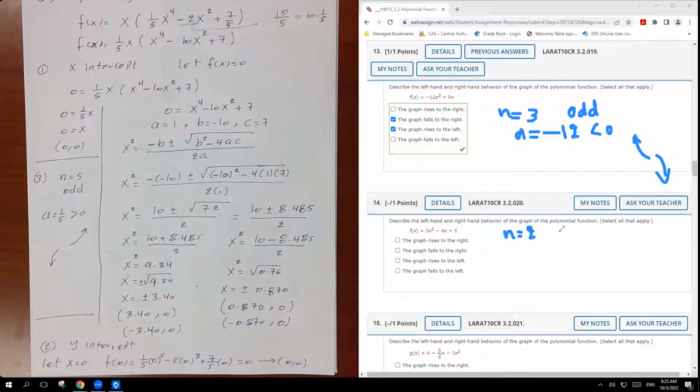And then n is even. a is 3, which is greater than 0. That means a positive number, so both sides of the behavior are going to go up. This side goes up and this side goes up. So we're going to choose: it rises to the right and it rises to the left.